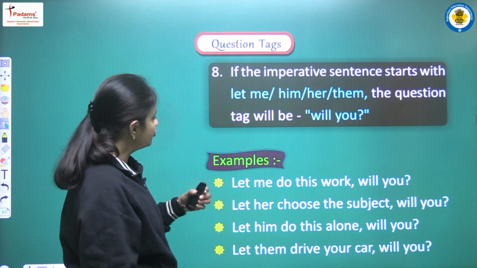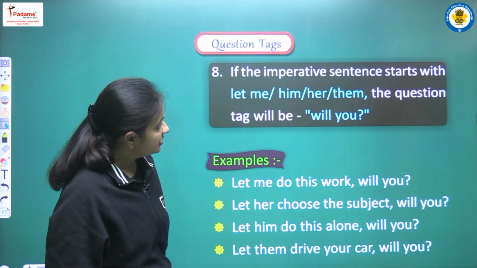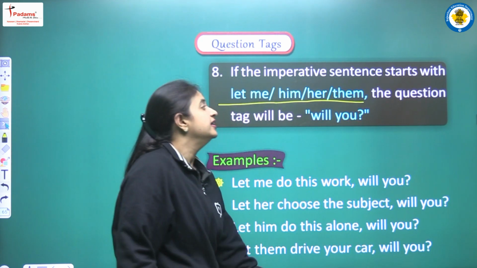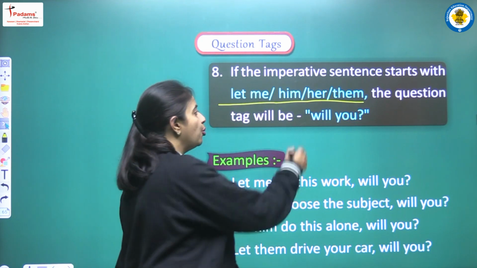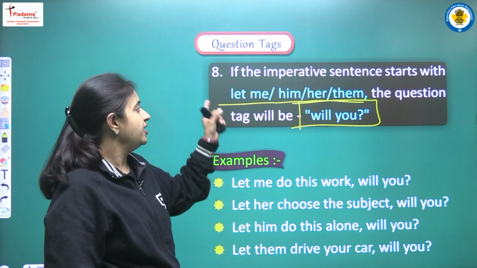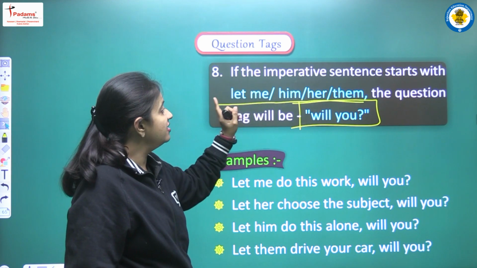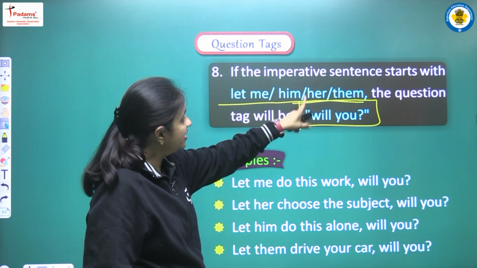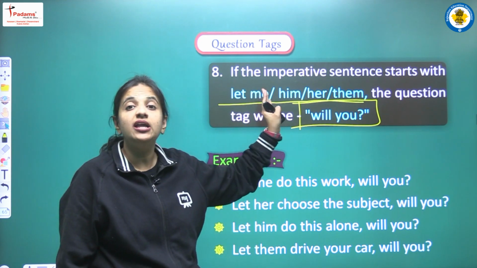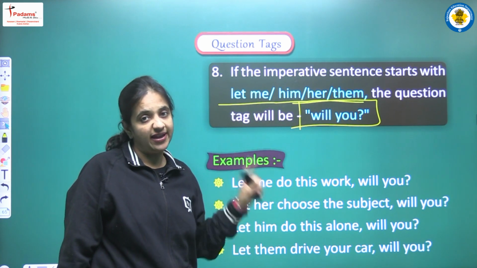Okay, next rule: if the imperative sentence starts with let me, him, her or them, then the question tag will be will you. So according to this point, if the imperative sentence starts with let me, let him, let her, let them, like this way, then the question tag will be will you. So students, here you have to be very careful.